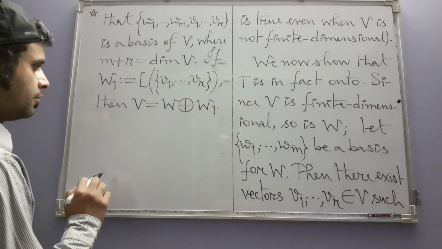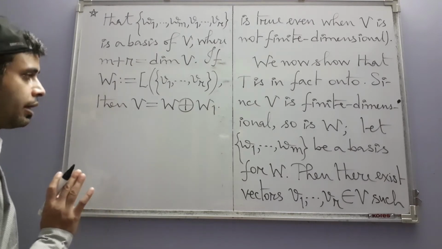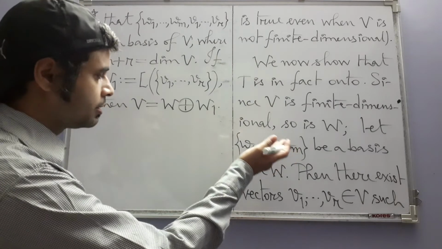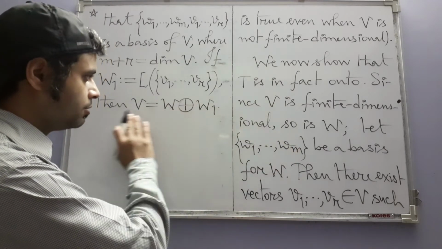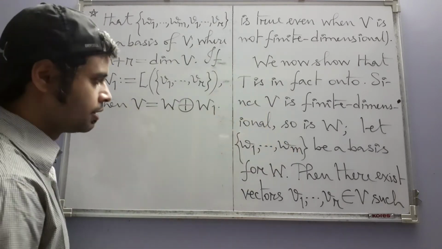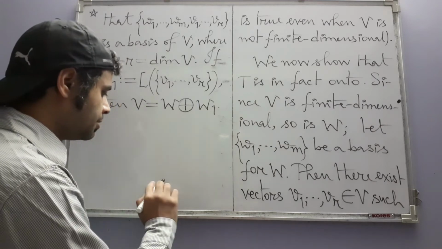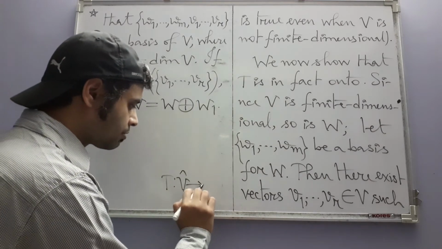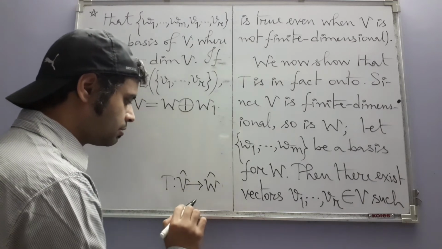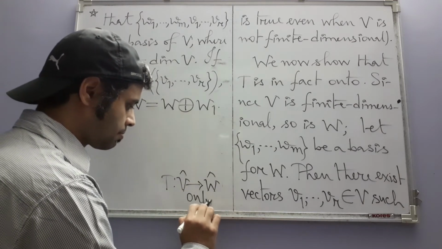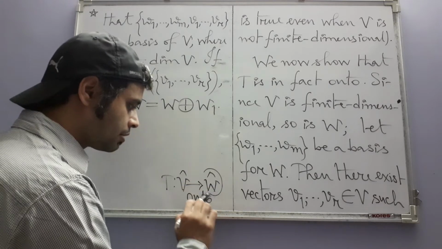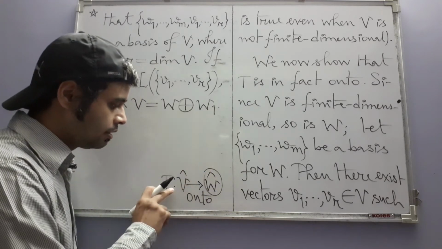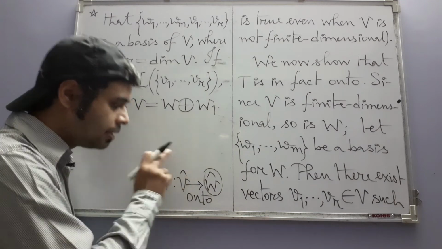Now, what is our aim? So far, we have just simply used the finite dimensionality of V and hence that of W to have something like this. Now, our aim is to prove that our mapping T from V hat to W hat is onto. So that means we have to take an element from W hat and show that it's the T image of something from V hat.